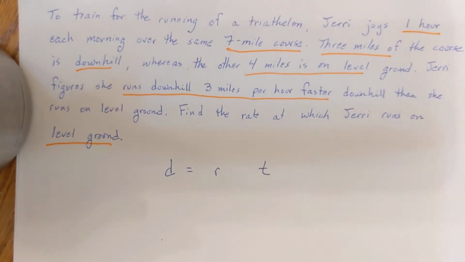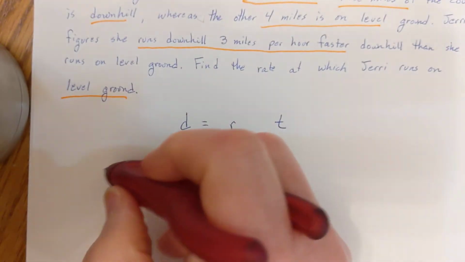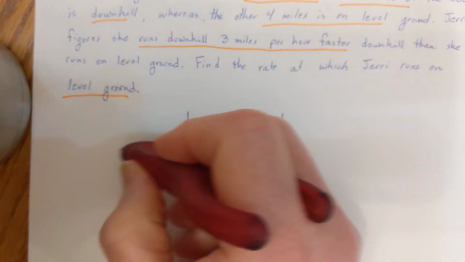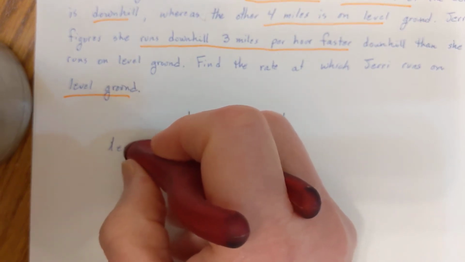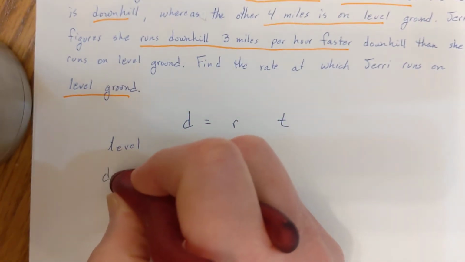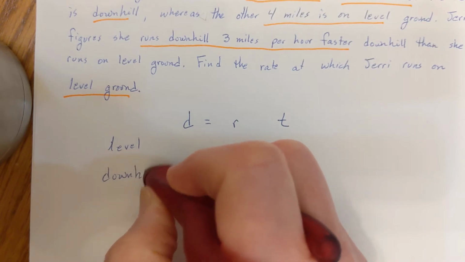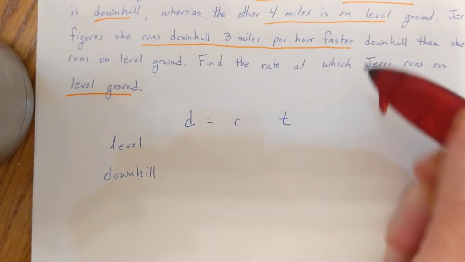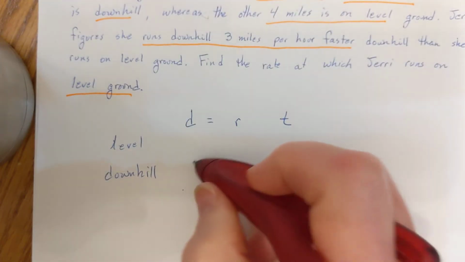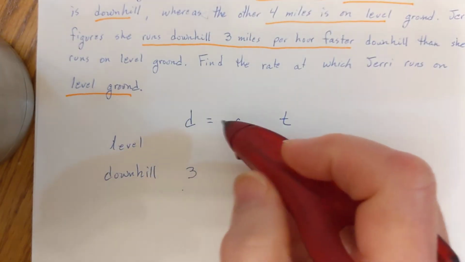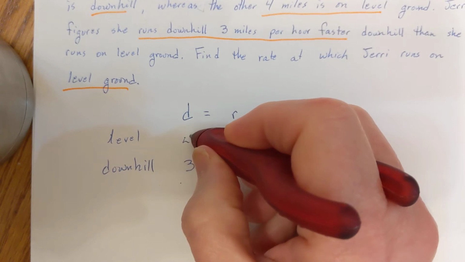I'm going to set up a distance equals rate times time chart. I've got level and downhill. Distance, 3 miles is downhill, 4 miles is level.